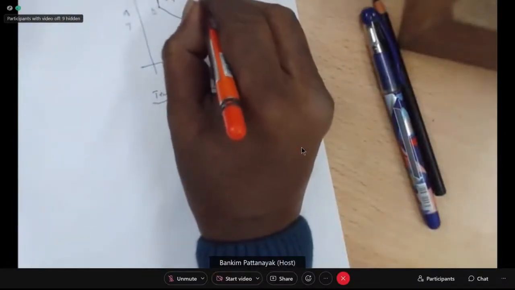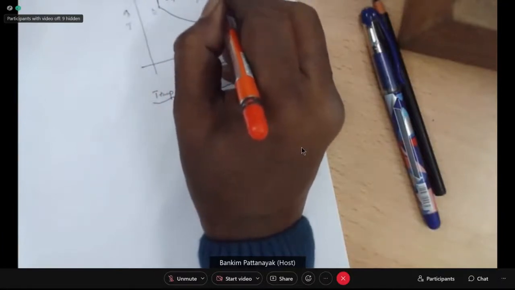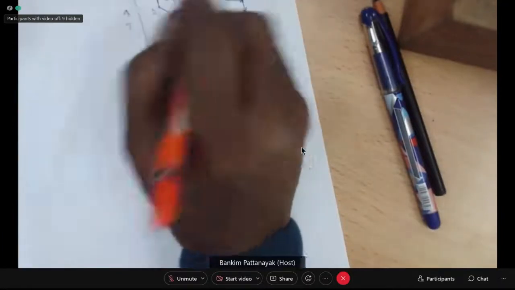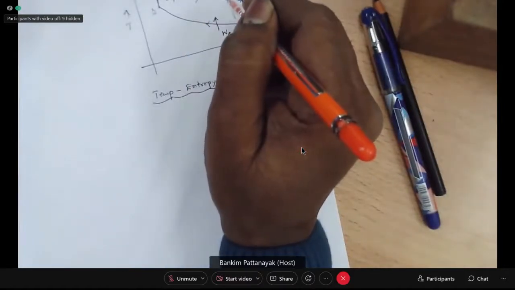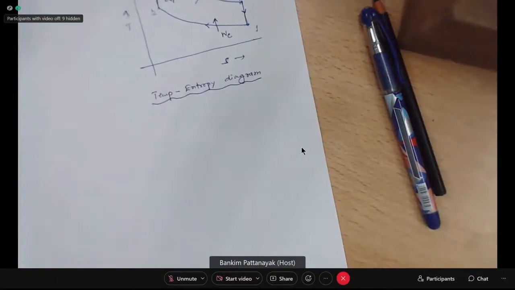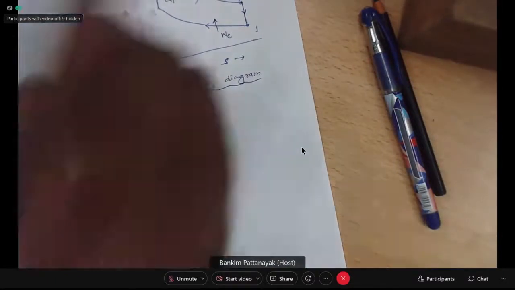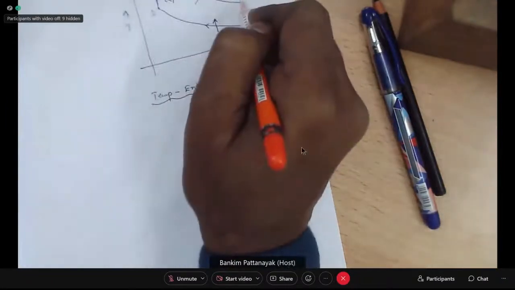This is the work output that we are looking for in all the IC engines, basically bus, truck, vehicle, whichever employs the IC engine principle. There, the expansion, the WE, is the thing that we are looking for.